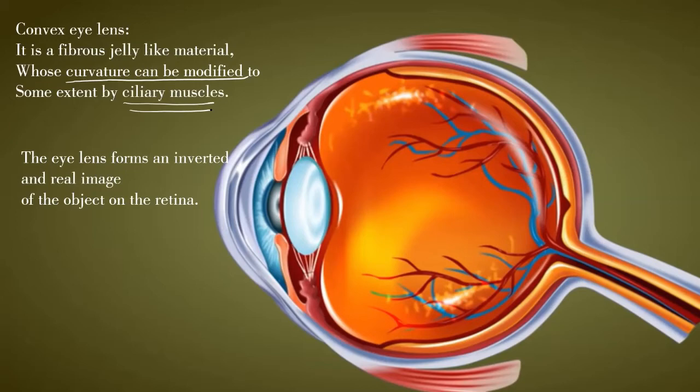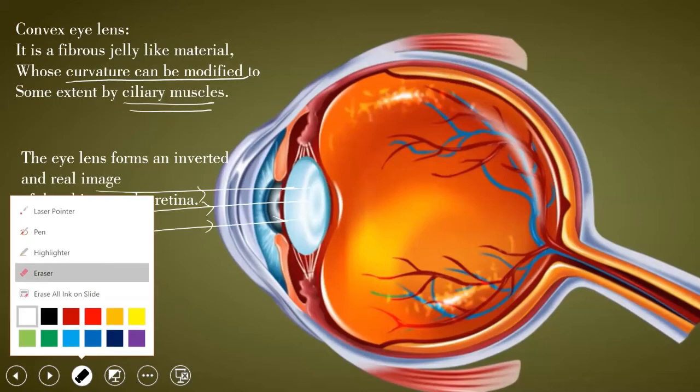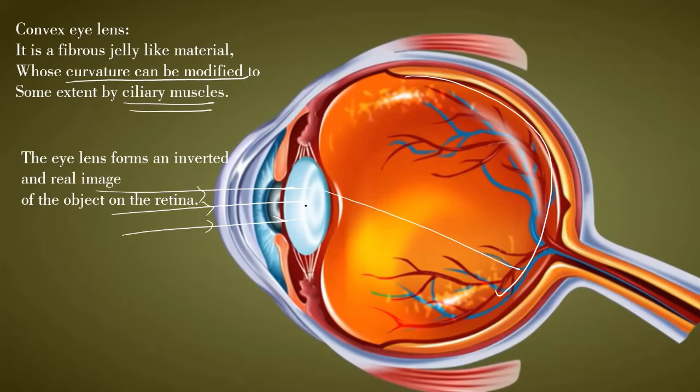Now, what does the eye lens do? When light rays from outside go through the eye lens, which is a converging lens, it will make an image. Where will the image be made? The image will be made on the retina, right?